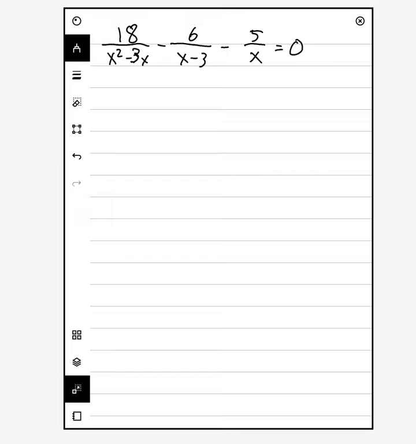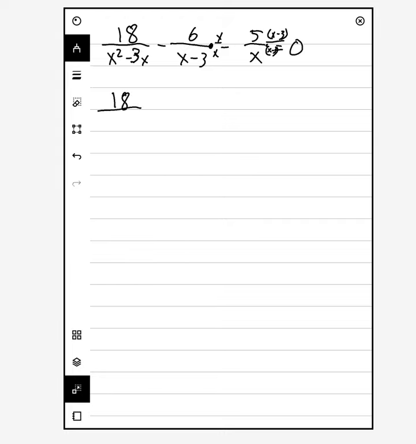Okay. All right, so now let's multiply this guy. I'm going to do times x over x, and this one by x minus 3 over x minus 3. That's messy. Okay, it's going to get cleaner. So this one's going to stay the same.